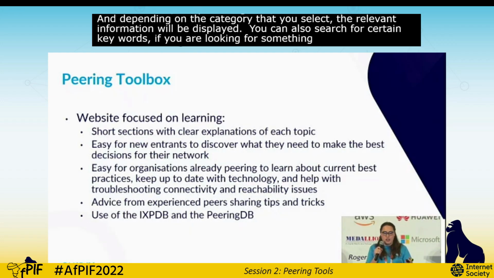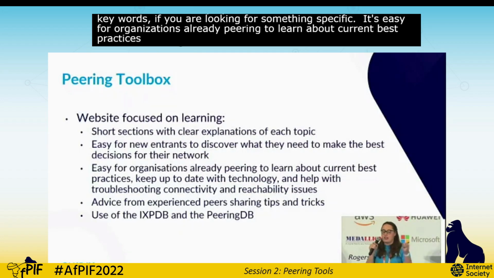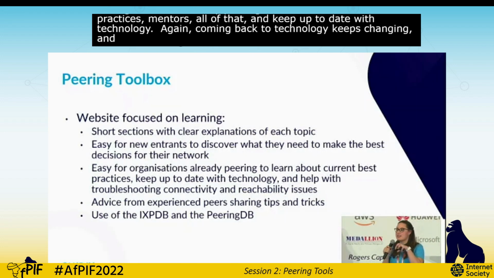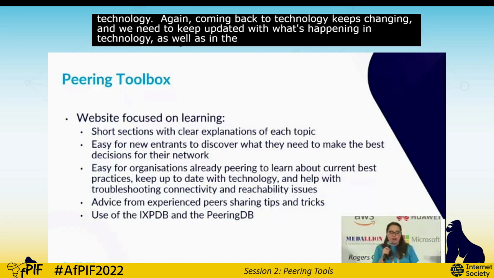It's easy for organizations already peering to learn about current best practices, so RPKI, MANRS, all of that, and keep up to date with technology. Again, coming back to technology keeps changing, and we need to keep updated with what's happening in technology as well as in the industry. Advice from experienced peers sharing tips and tricks.